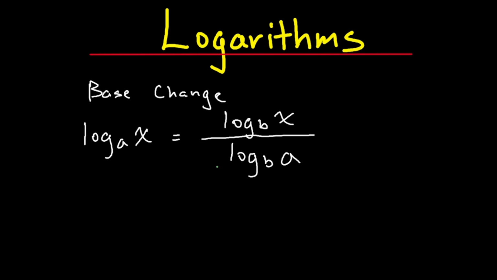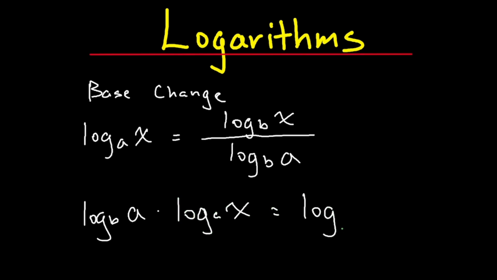Another way we can represent this, which might make more sense, is if we multiply log b a over to the left side, we get log b a times log a x equals log b x. And from here we can kind of see that the a and log a kind of cancel each other out.